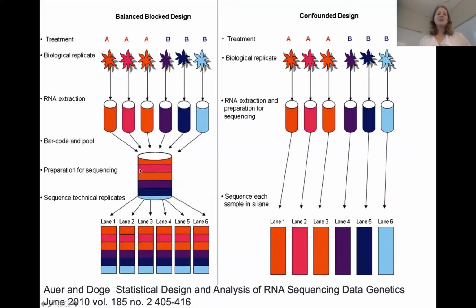And this is what they did. No, this is the confounded design. This is what the first paper did. They took each of their samples and they sequenced them on individual lanes. And actually what they did is they put all of the human samples on one lane and all of the mouse samples on another lane. And it turned out that there was some intrinsic failures and some really bad data processing that went on in one of the lanes and not the other.